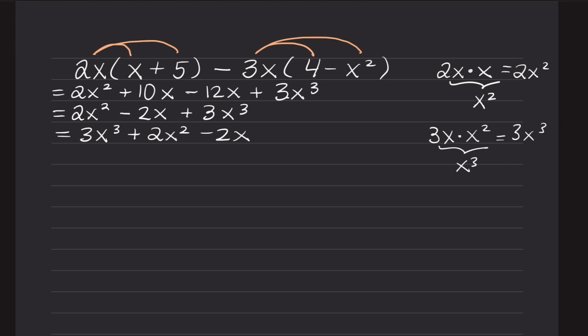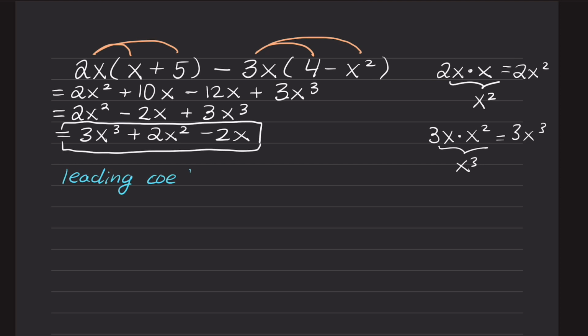Okay. Now I just want to specify something with this one. Suppose we wanted to list off what our leading coefficient was. Maybe we wanted to list off our constant term. Maybe we wanted to list off what our degree was.